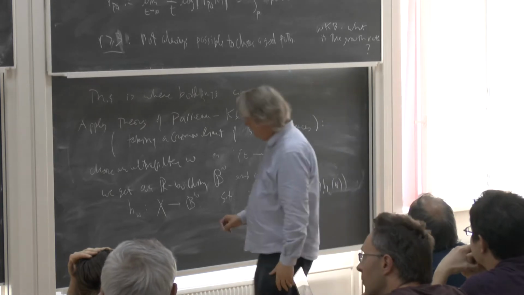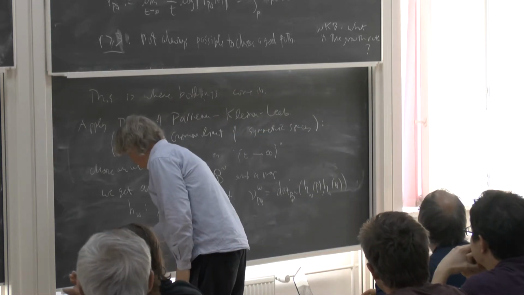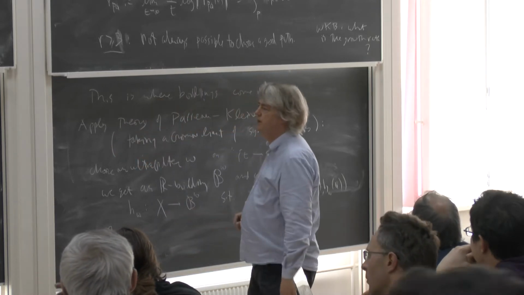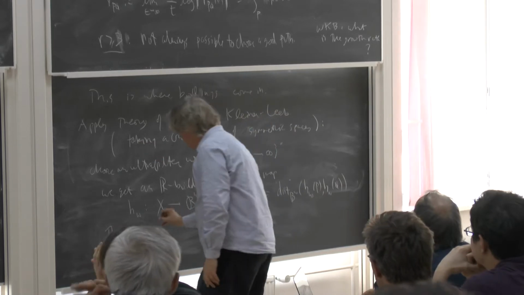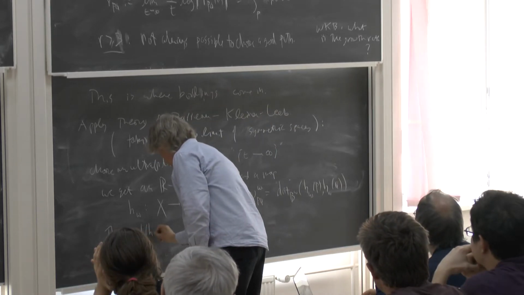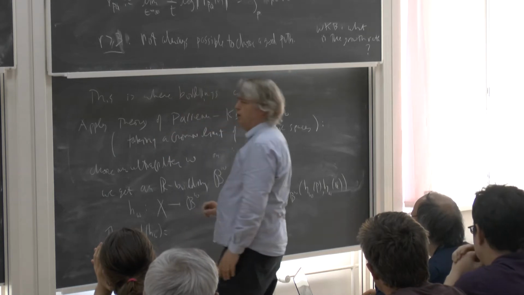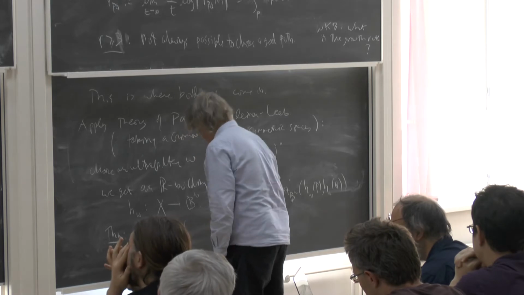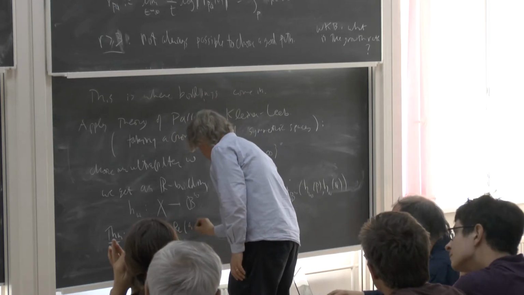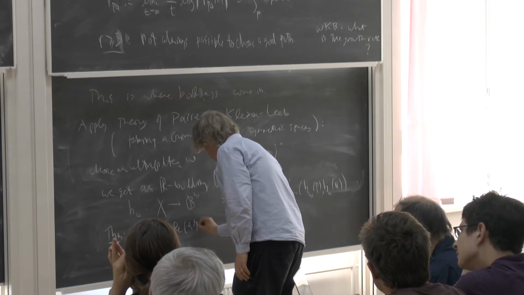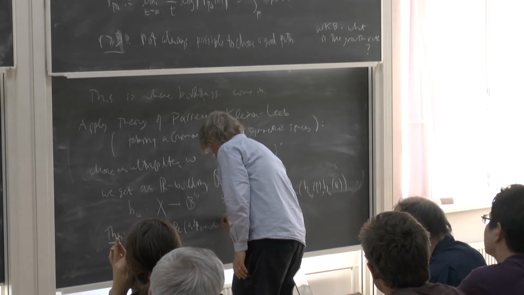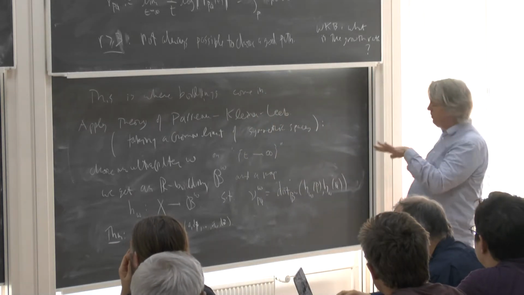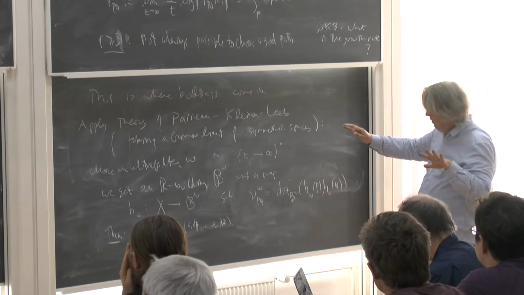So now what's the theorem? Is that in this WKB situation, the differential of this map is given by the real part of... So the building is locally R to the R minus 1.